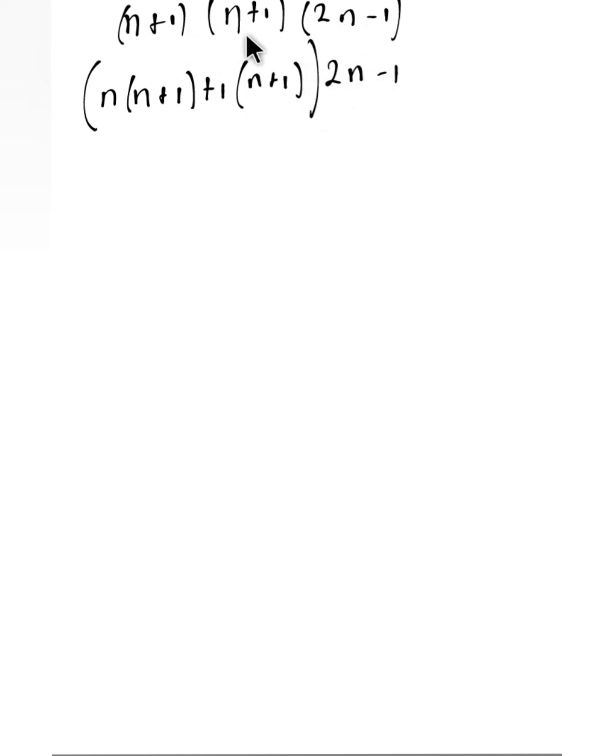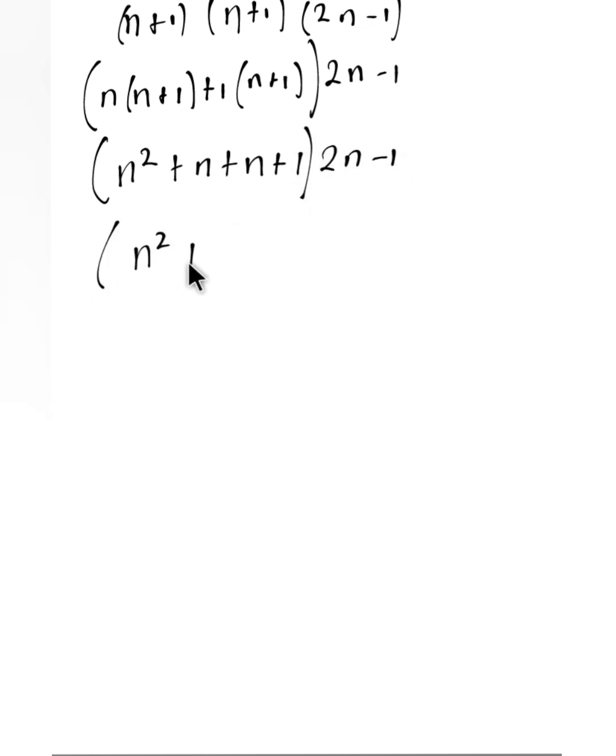We're actually expanding these two brackets first. So this gives us n squared plus n plus n plus 1, then 2n minus 1. This gives us n squared plus 2n plus 1 into 2n minus 1. So we have two expressions here. We also need to expand the bracket.